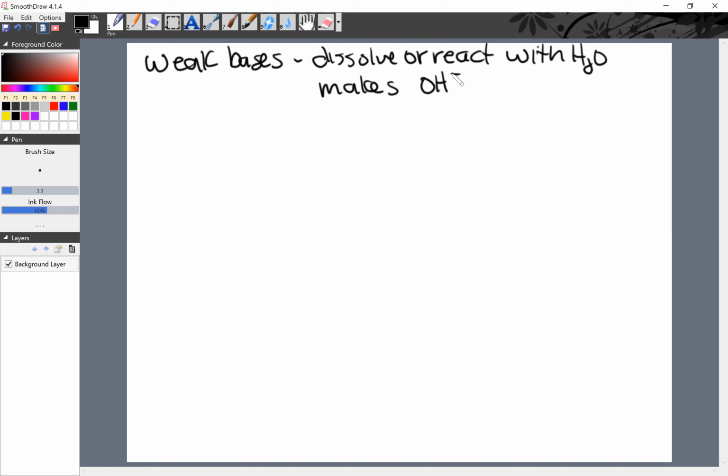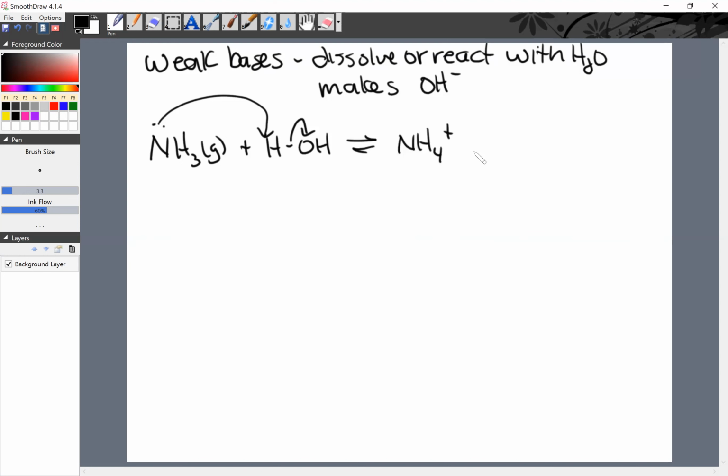All right, so we have seen ammonia, and I'm going to write that water a little differently so that you can see it. That lone pair on ammonia rips that hydrogen off. It makes NH4 plus hydroxide.